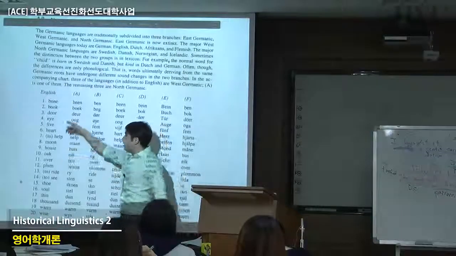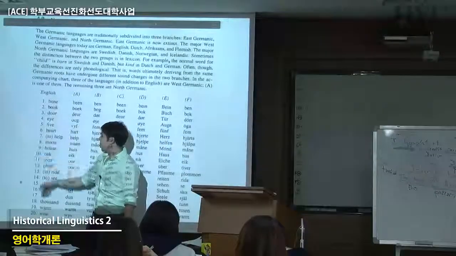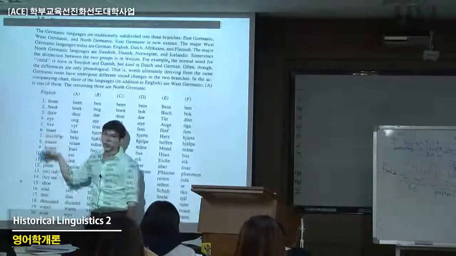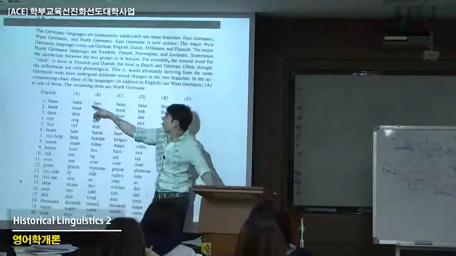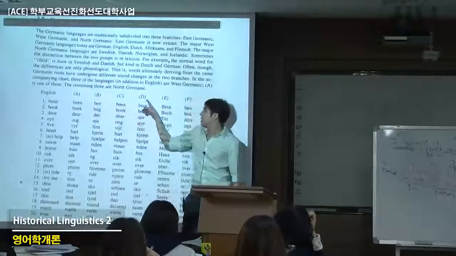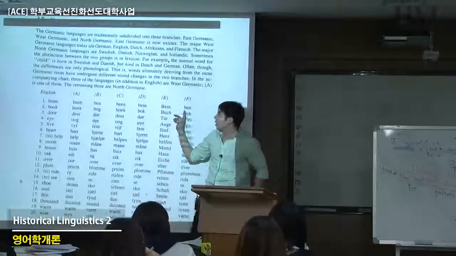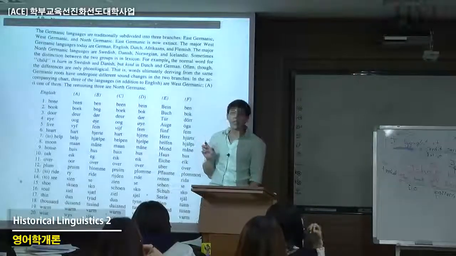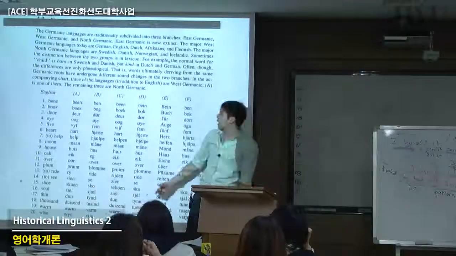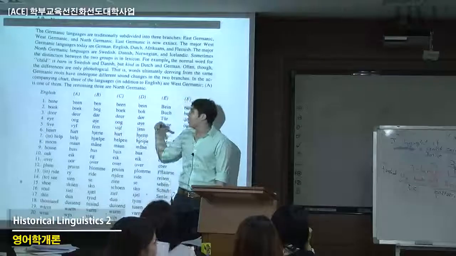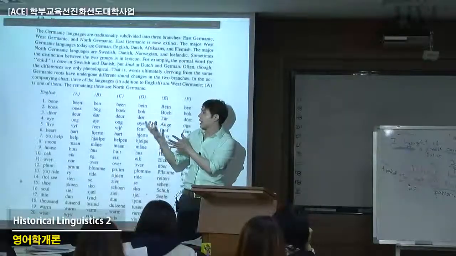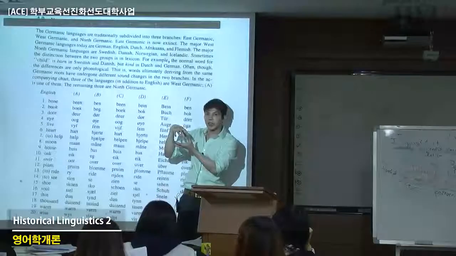The first language in the first column is, of course, English. And you can recognize all the words here. And then you have language A, B, C, D, E, and F. And you have the corresponding cognates in these languages. So can you tell me, there are questions on that. Can you tell me which ones are languages that have a closer relationship to each other?